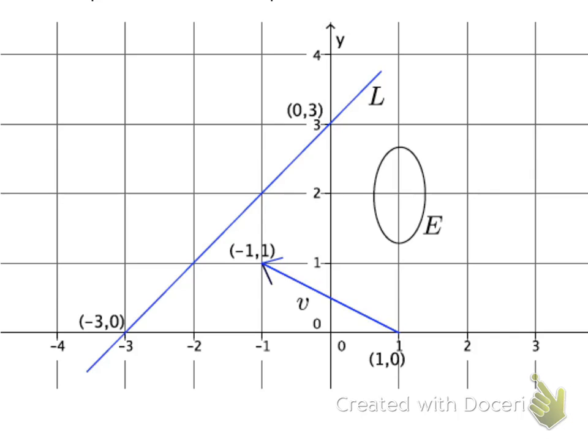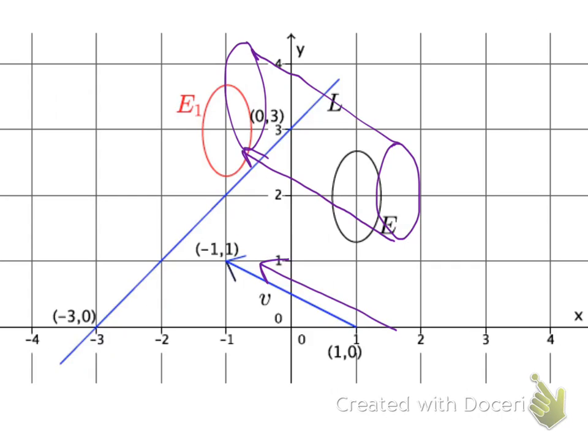And so if we translate our figure E here along this vector, we're going to move every point like so, and we should end up with the ellipse up there. So let's look at what that would look like in the first step.